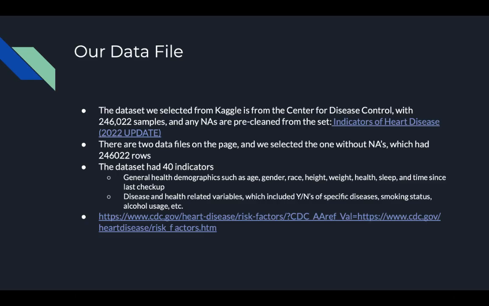The data set had 40 indicators. General health demographics such as age, gender, race, height, weight, sleep, health, and time since last checkup. Disease and health-related variables, which included yes or no answers for specific diseases, smoking status, and alcohol usage.